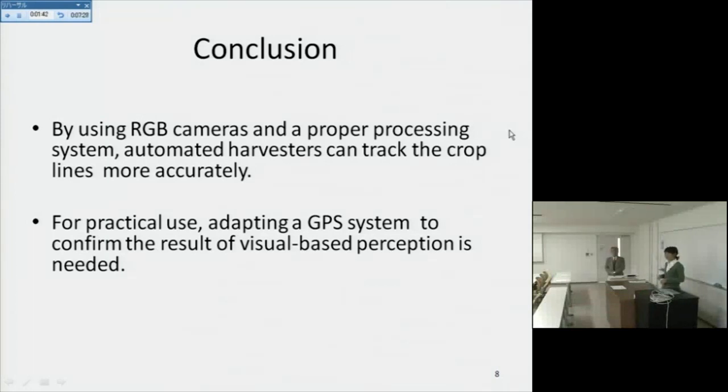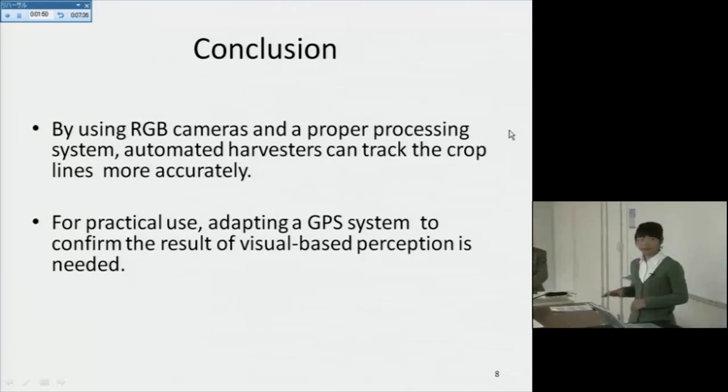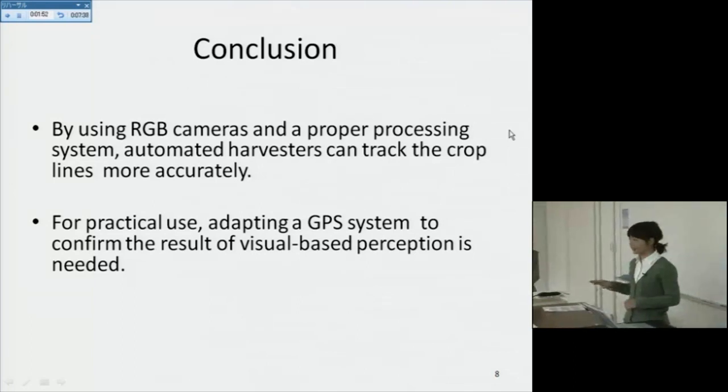Sorry, I'm not sure, but in this case, in the alfalfa fields, the alfalfa crops are green, and cut crops are brown. So I think there is no problem in hay harvesting.